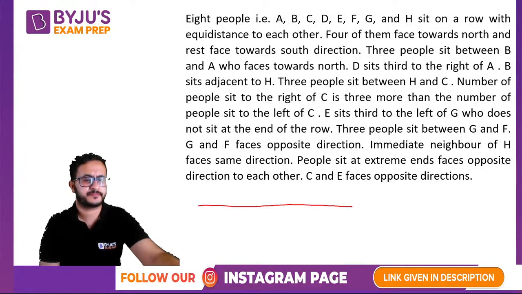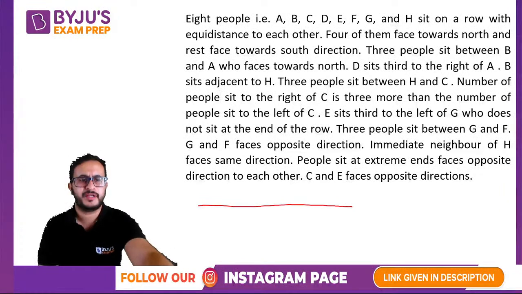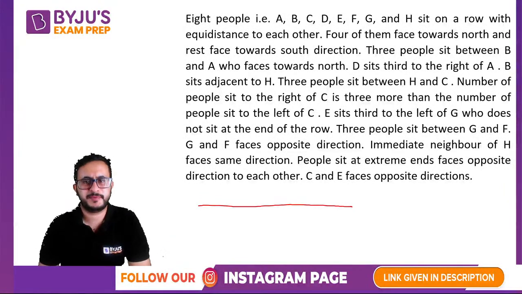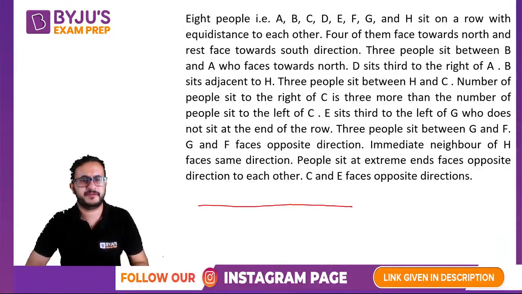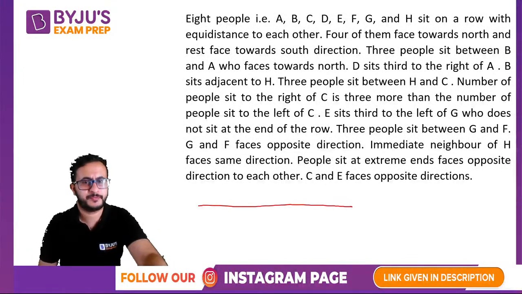Start from C. Anshul and Dharni are saying, even Pope is saying, that we start from C. So if we start from C, we will have information about C. One piece of information about C is three people between H and C, but we should always look for a fixed position.